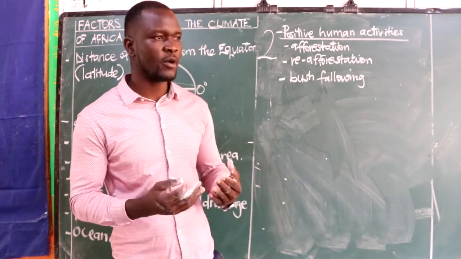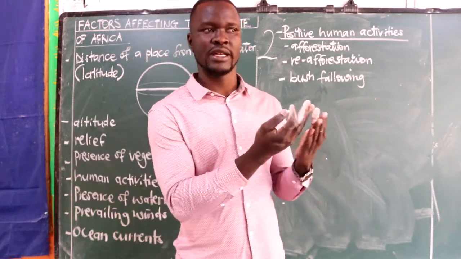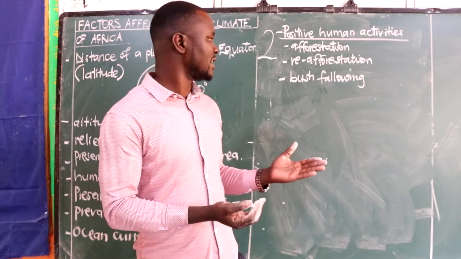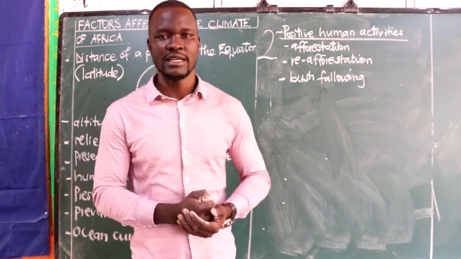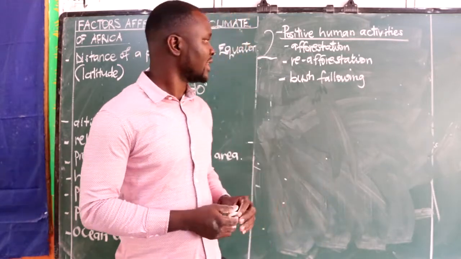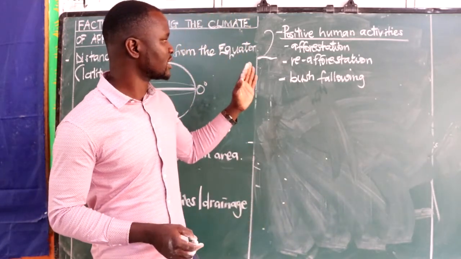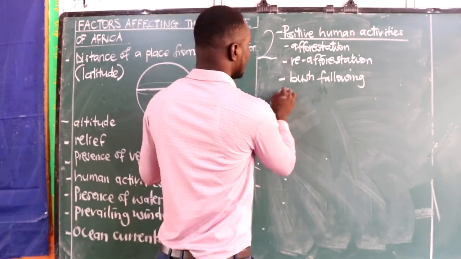So when people leave vegetation to grow in areas, you will find that that vegetation will be helping in rain formation. So that is what we can put as another positive activity.